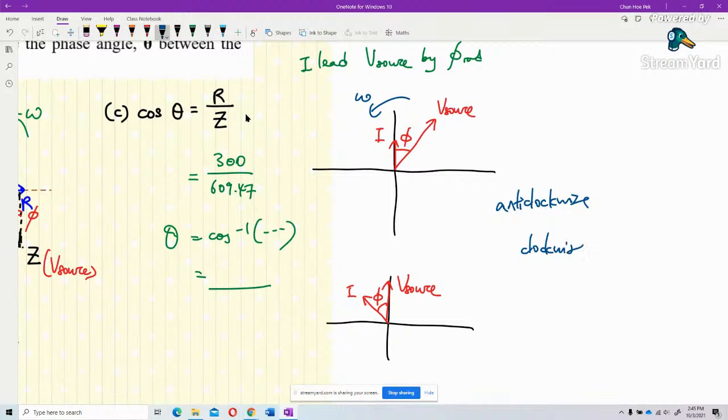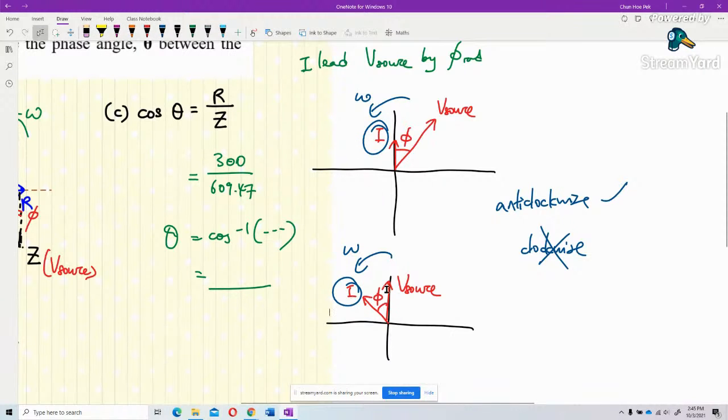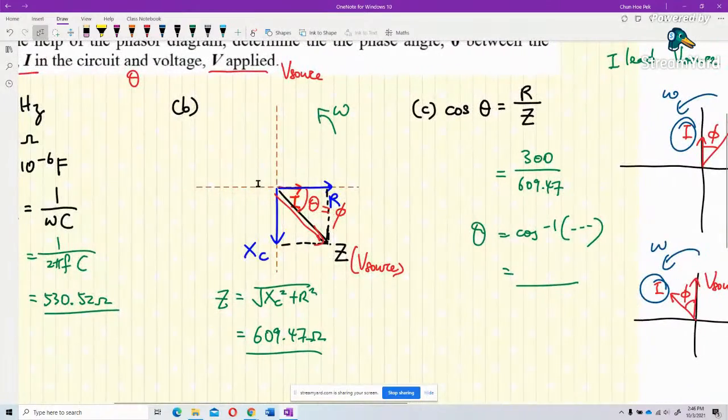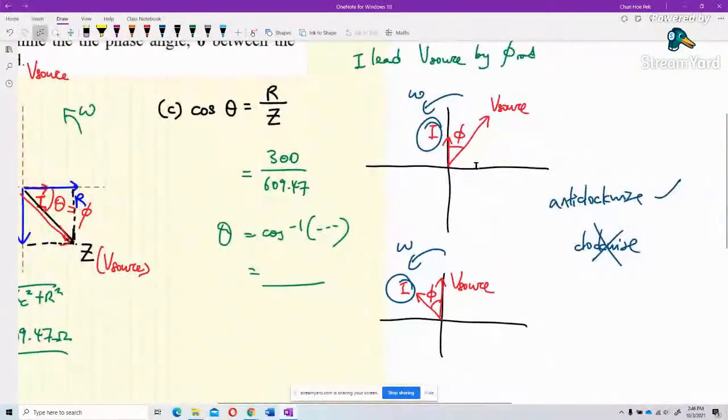I never teach you about clockwise. So as long as rotation is anti-clockwise and the current is leading in front, that's correct already. So all these diagrams are correct. This is only one example; there are many other examples. In objective questions it can be like that. So don't thank me now.